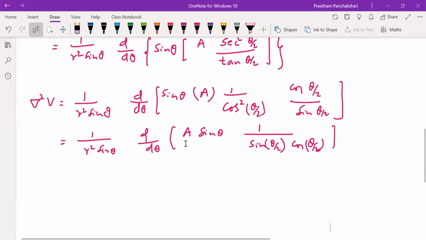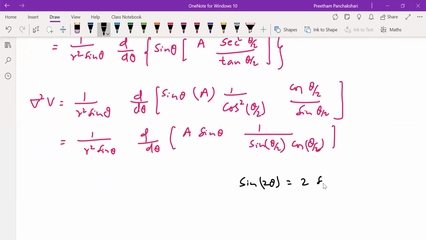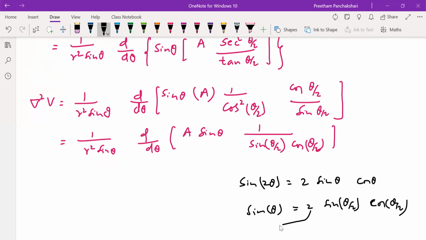Sine theta by 2 and cos theta by 2 can be combined with the formula sin 2 theta is equal to 2 sine theta into cos theta. But in this case, instead of theta, we have theta by 2. So if you modify the formula, for sine theta by 2 and cos theta by 2, we can write the left side as sine theta. If you take the 2 to this side as 1 by 2, then we get the product sin theta by 2 cos theta by 2.